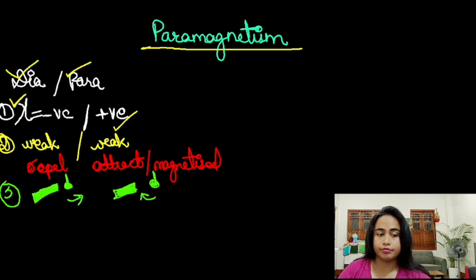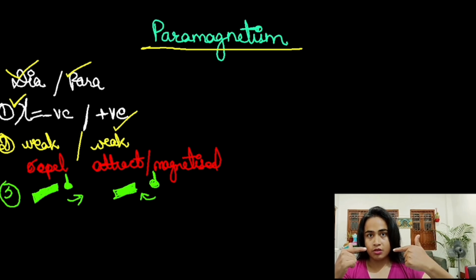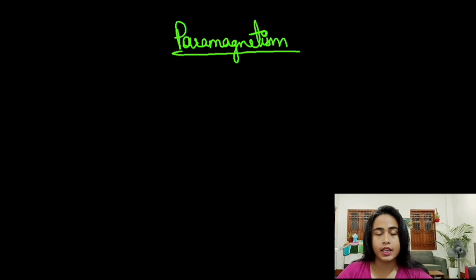So we can say the paramagnetic substance is now moved from the weaker magnetic field zone to the higher magnetic field. Now let's continue in detail what this paramagnetism is and what it comprises.